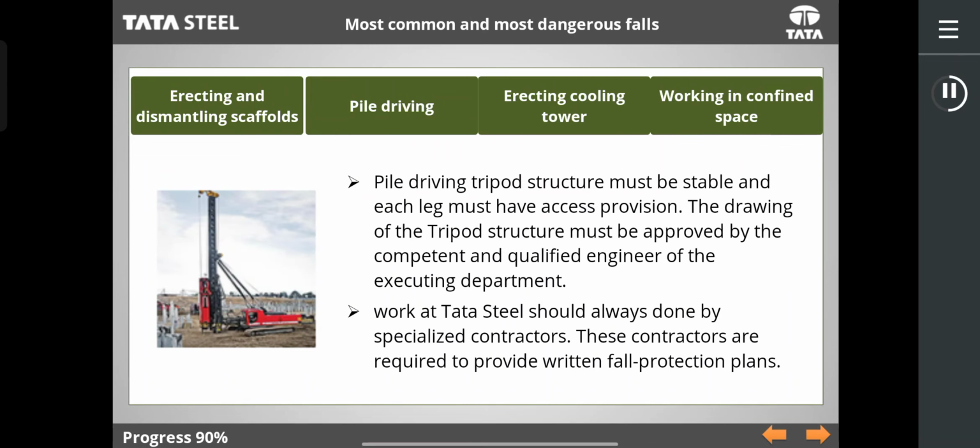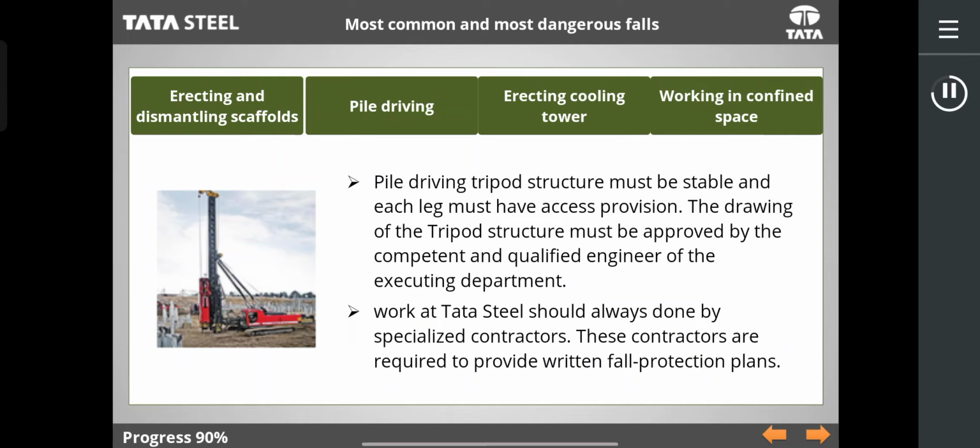Pile driving. Pile driving work at Tata Steel should always be done by specialized contractors. These contractors are required to provide written fall protection plans. Refer Safety Standard SS/ENGG 12 on piling operation.